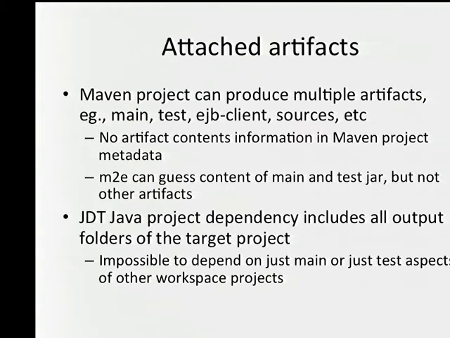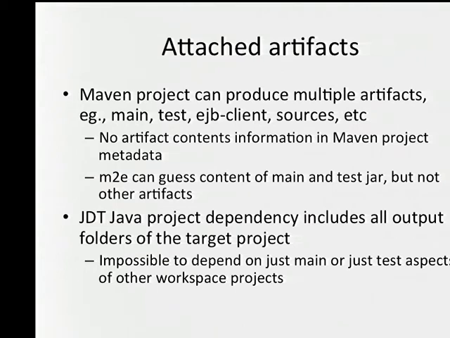Attached artifacts. Each Maven project can produce multiple artifacts. There are things like test classes that can be deployed to Maven repositories as part of project build. There are EJB clients, sources, Javadoc.